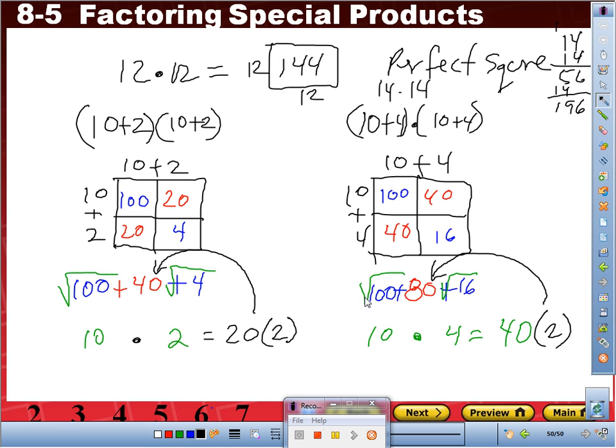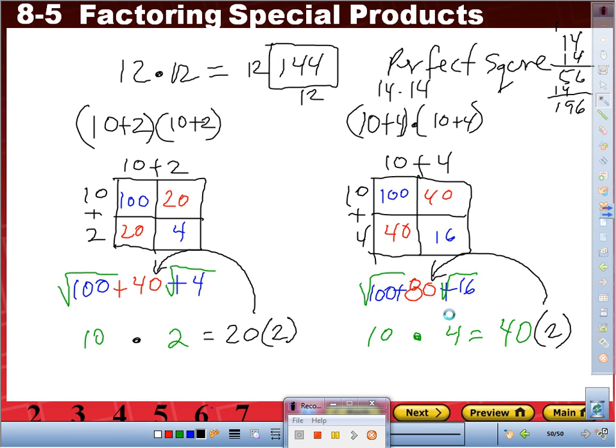If we get the square root of the first, the square root of the last, multiply those, and then times 2, it should give us the middle term.